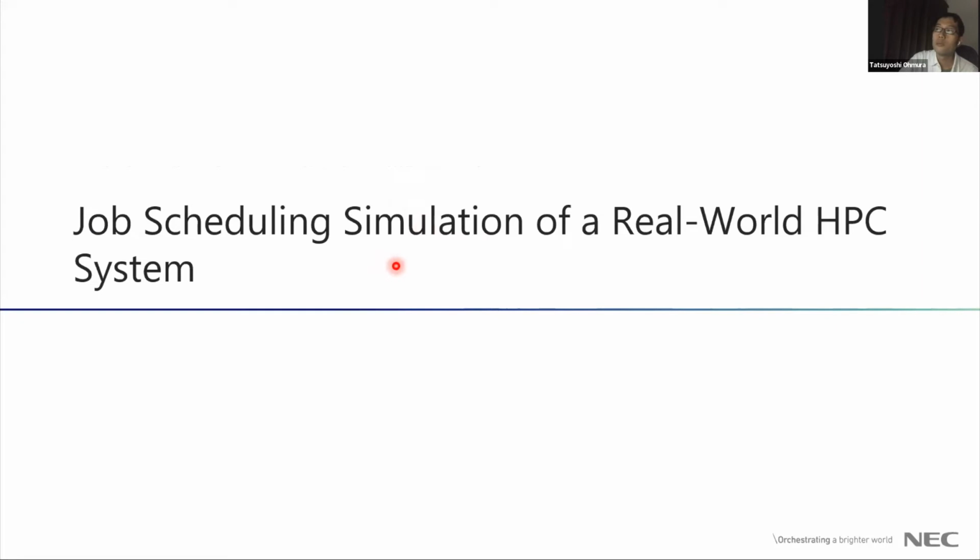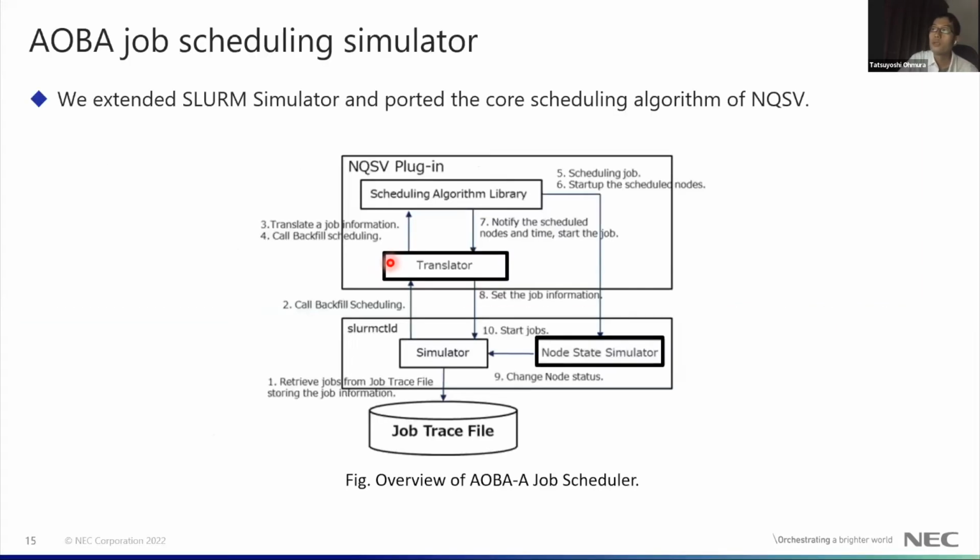Next, I'll describe the AOBA-A job scheduling simulation. Since AOBA uses NQSV, its scheduling cannot be reproduced by existing job scheduler simulators. So we decided to extend the SLAM simulator to reproduce NQSV job scheduling. The SLAM simulator has a mechanism to use custom plugins to implement extended features not provided by the original simulator.